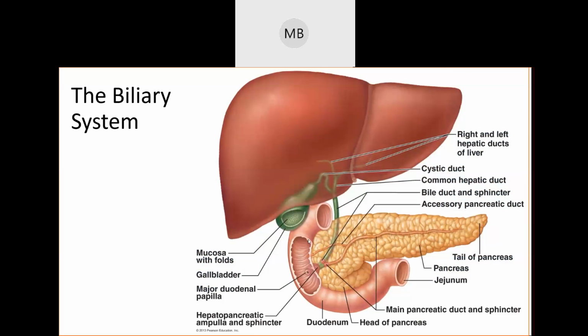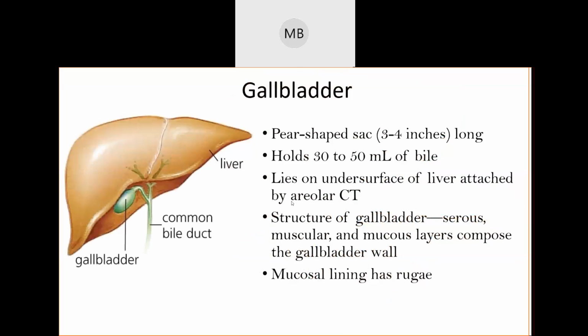Right? Together, your liver, gallbladder, and pancreas here create something called the biliary system, which is all of this ductwork here, through which bile flows and then is secreted into your duodenum. That is called your biliary system.